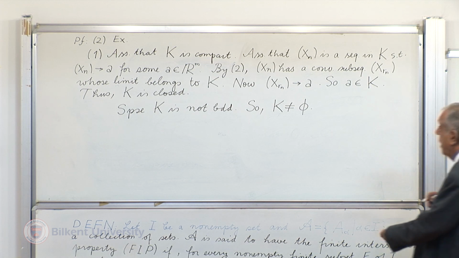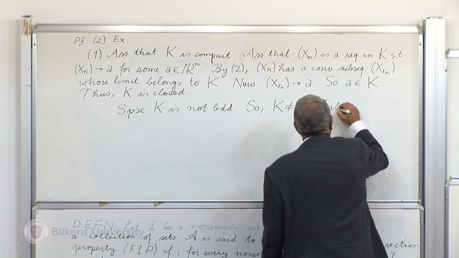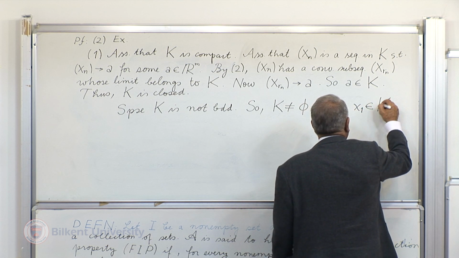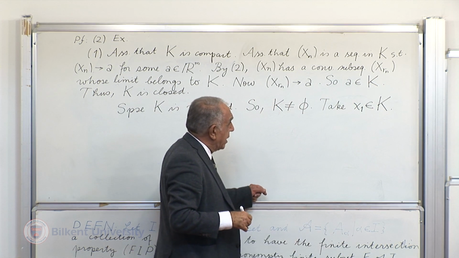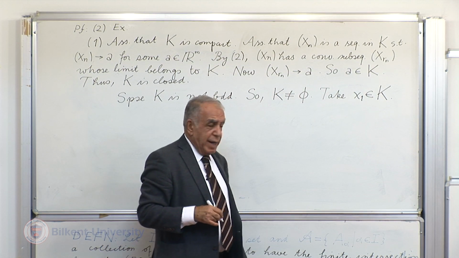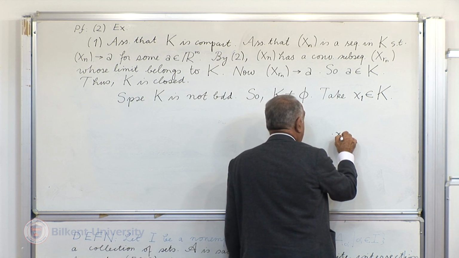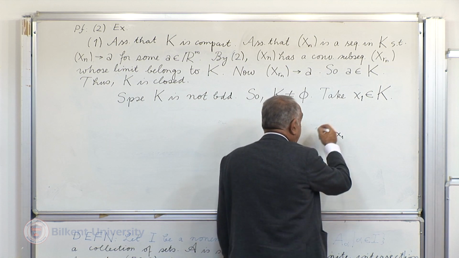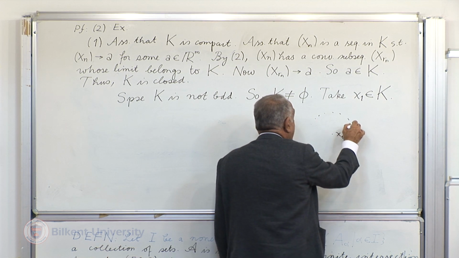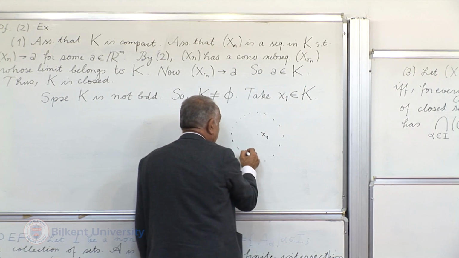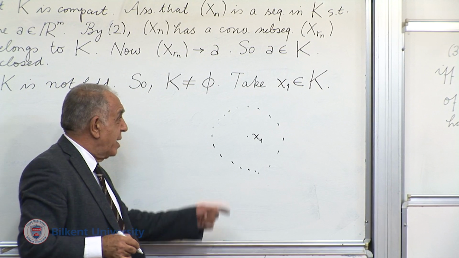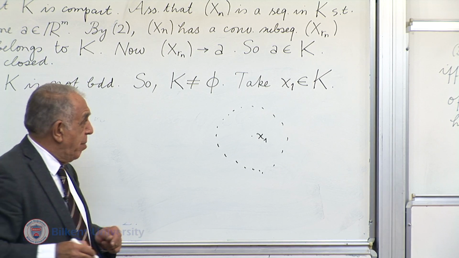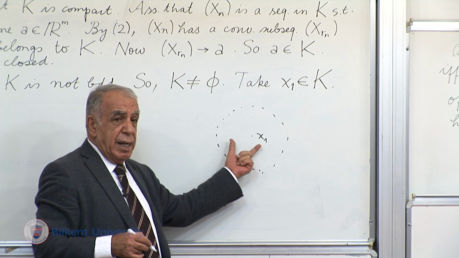Now, for that, we can start by taking some x1 in K as the first term of that. Any radius would do, but in such cases, we usually take the radius to be 1. Let us take a one ball about x1. Is it possible that K is entirely contained in this one ball?